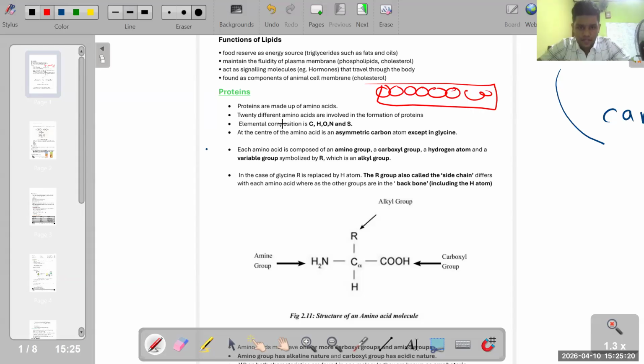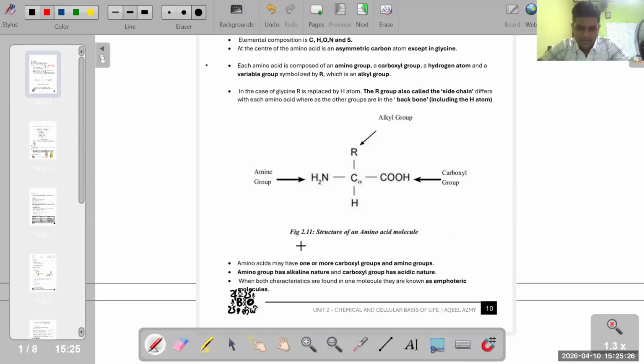Fourth statement. At the center of an amino acid is an asymmetric carbon atom, except in glycine. Now, this is how an amino acid looks. It has a carbon atom at the center. There is a small symbol indicating that this carbon is not just a normal carbon.